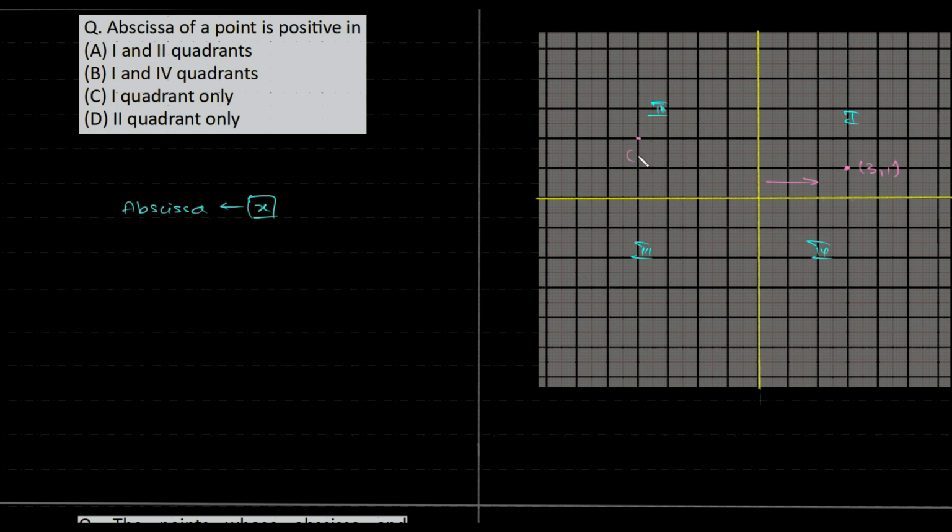So this will be minus 4, 2, and here we have 3, minus 3. So clearly, where is the x positive? It's positive in the first and fourth quadrant. In the second and third you'll get negative.